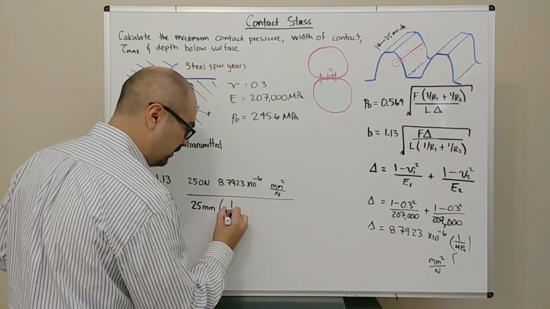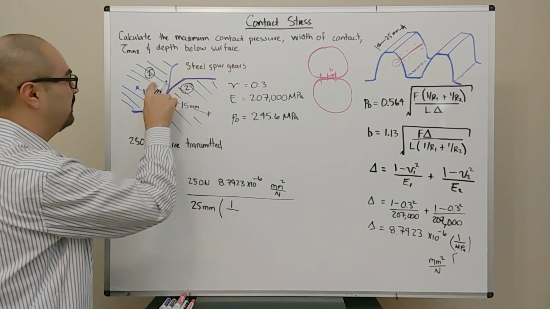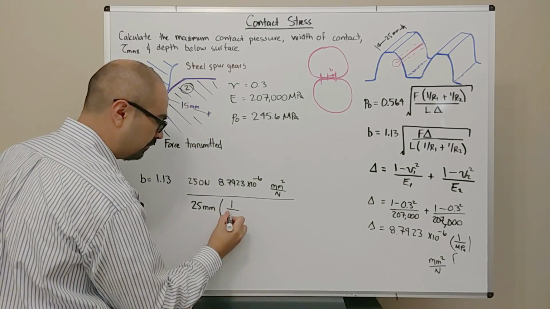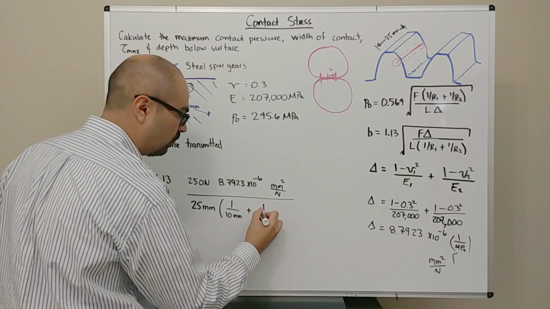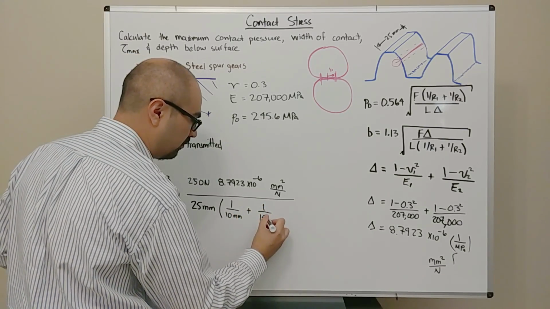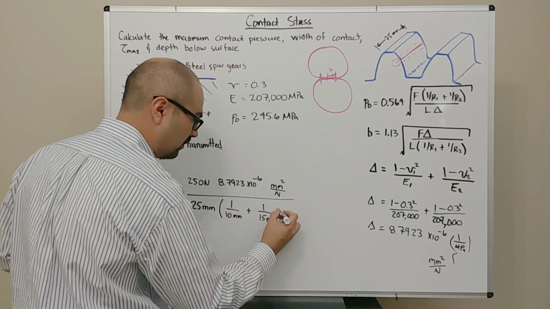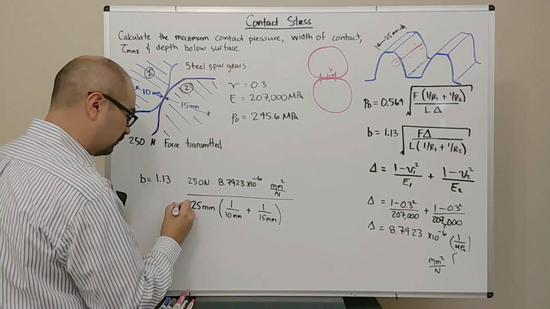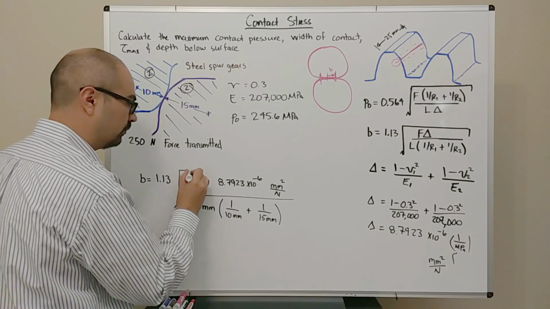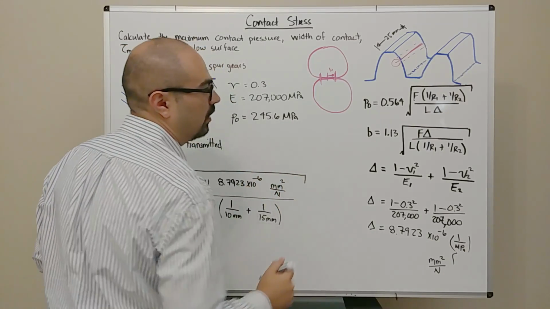So 1 divided by radius 1, which we said was going to be 10 millimeters, plus 1 divided by radius 2, which is 15 millimeters. And then we take the square root of this whole thing.